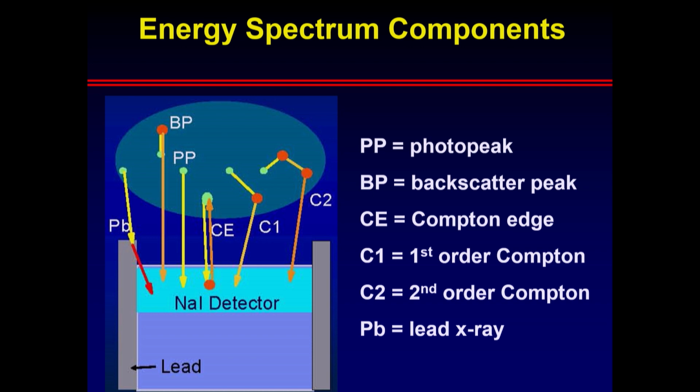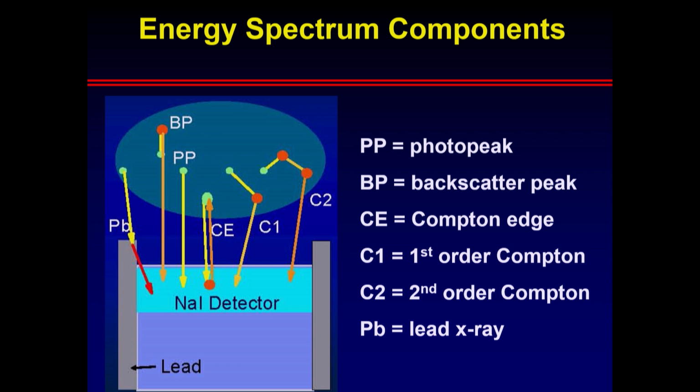You have lead X-rays where a photon hits lead and isn't totally absorbed and probably will not be detected by the detector or go through because it's lower energy. And then you have all these Compton scatters. Remember, you don't only have just one Compton scatter, you can have 2, 3, and 4 Compton scatters with a given photon.